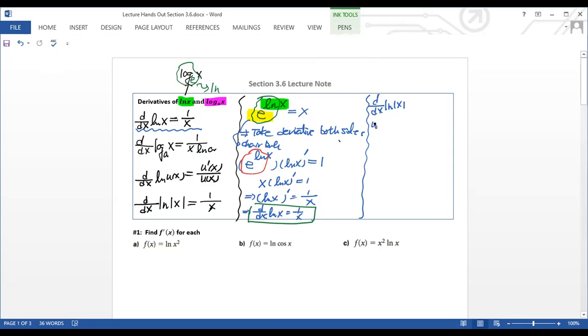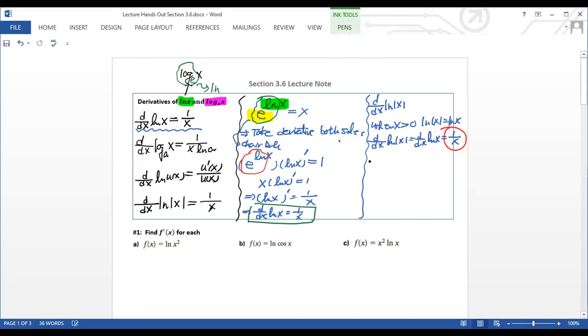So when x is greater than 0, the natural log absolute value of x is just equal to natural log x. Then d/dx of natural log absolute value of x is just d/dx of natural log x, which is 1 over x. Am I right? So this is 1 over x.